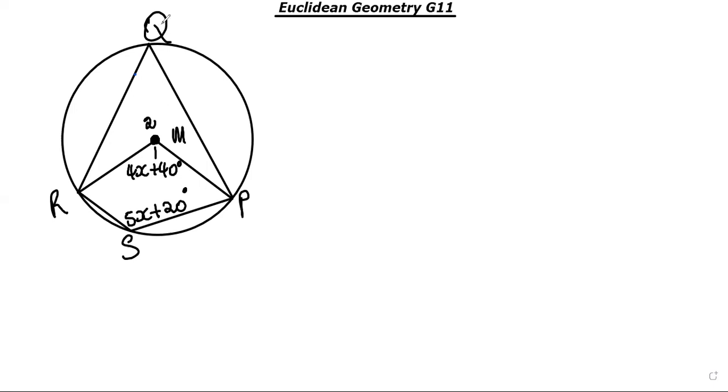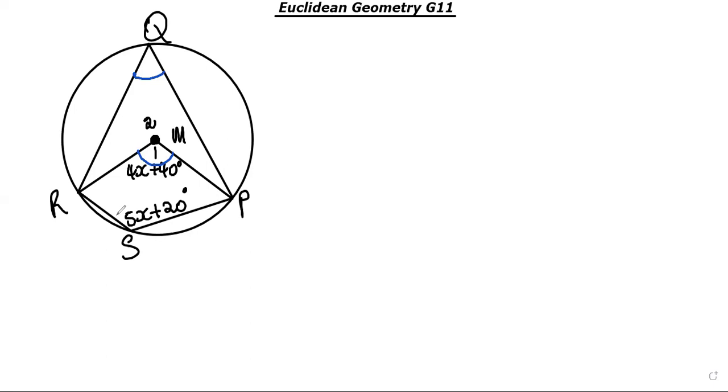So the easiest way to get to angle Q is to say the angle at the center is twice the angle at the circumference. But now we realize that we get the size of angle Q in terms of x. Then we realize that PQRS is actually a cyclic quadrilateral.